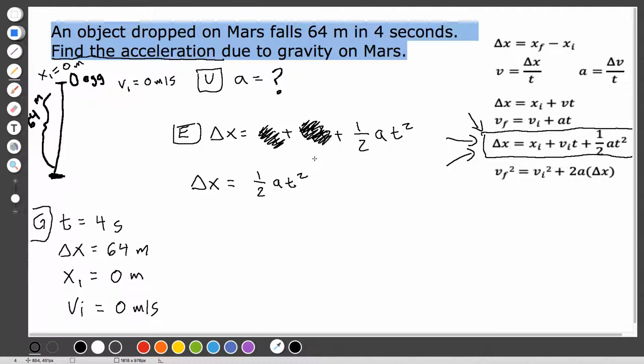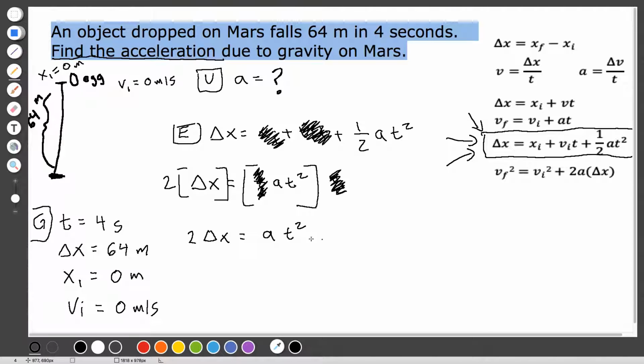And so we're trying to get a by itself. And the first thing we need to do is get rid of this 1/2. We do that by multiplying both sides by 2. Cancels out that 2. Cancels out that 2. This 1 doesn't matter anymore. So we have 2 delta x equals at squared.